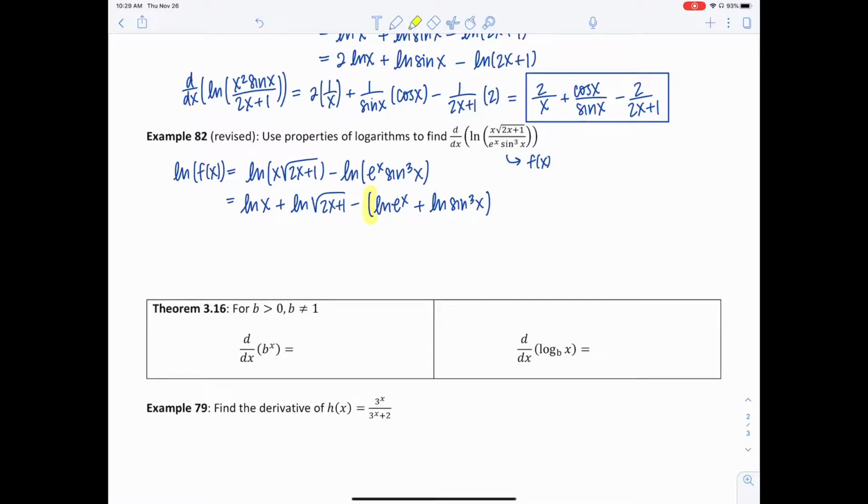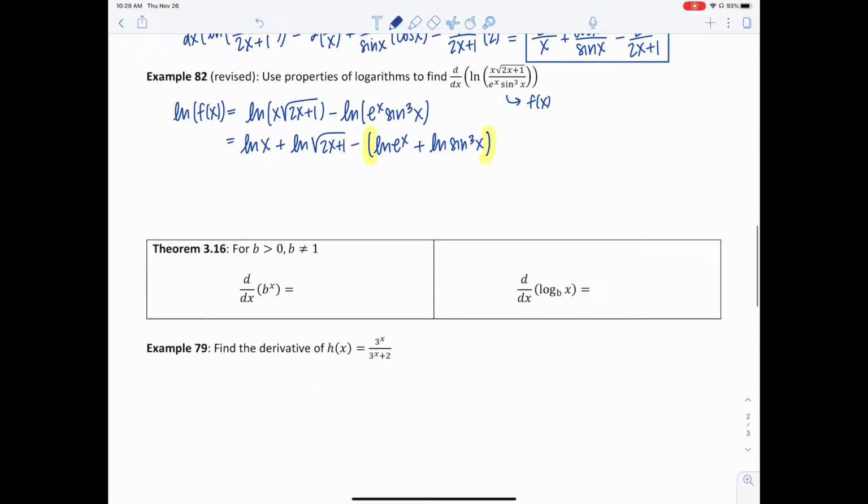Okay, so there's a product on the bottom, which really means that you're dividing by e to the x and by sine cubed of x. Again, the product is on the bottom, but you're really dividing by both those things. Then remember that a square root can be rewritten as an exponent of 1/2.